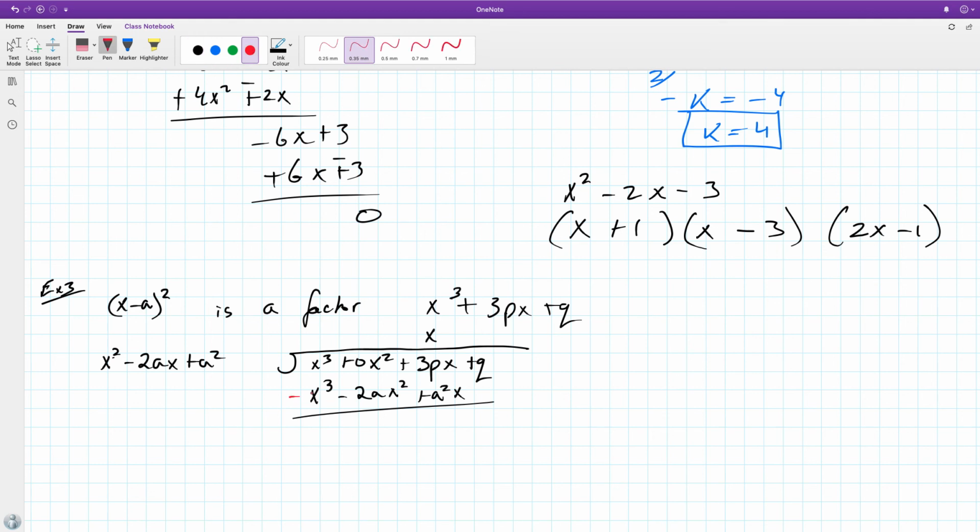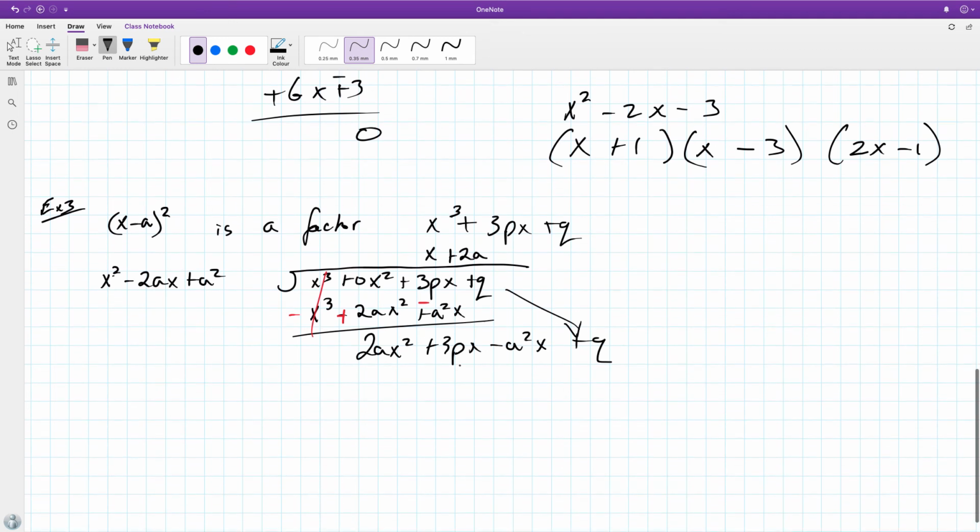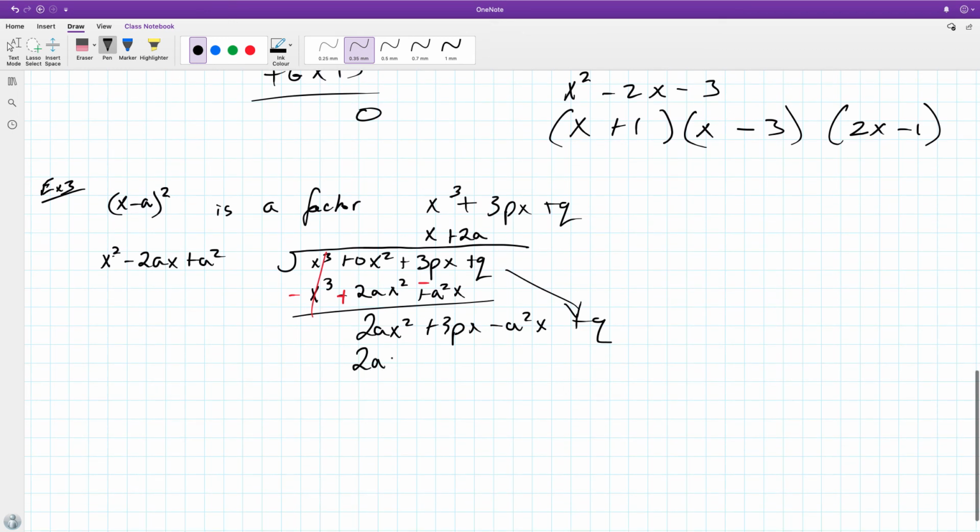Change the signs in your bottom line: minus, plus, minus. 0x squared plus 2ax squared is simply 2ax squared. 3px minus a squared x, and bring down your plus q. x squared into 2ax squared goes plus 2a. 2a by x squared is 2ax squared. 2a by minus 2ax is minus 4a squared x, plus 2a cubed.